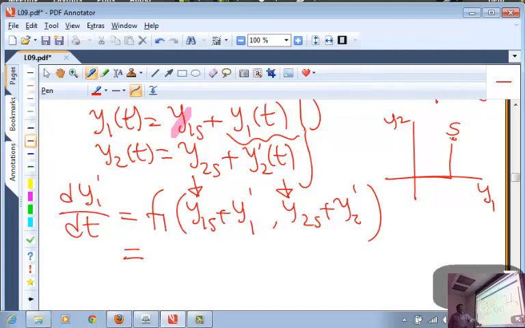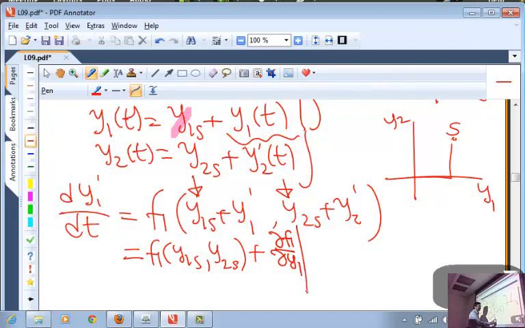So when I do the Taylor series, what will I get? I'll get f1 of y1s, comma y2s, plus, what would be the Taylor series? df1 dy1 evaluated at the steady state multiplied by y1 prime.